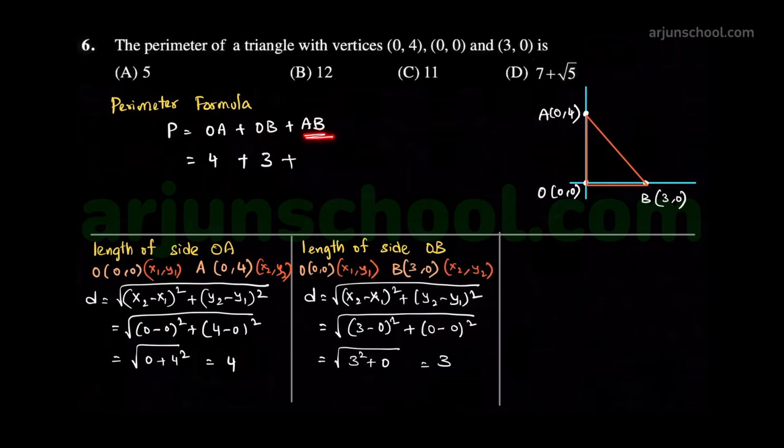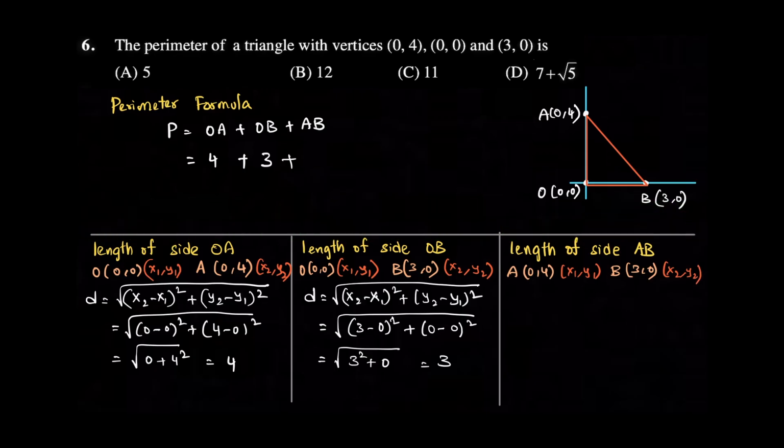Let us find the length of side AB. Let us take the 2 points A (0, 4) and B (3, 0). Point A is x1, y1 and point B is x2, y2. And let us find the distance between these 2 points. D is equal to root over (x2 minus x1) whole square plus (y2 minus y1) whole square.